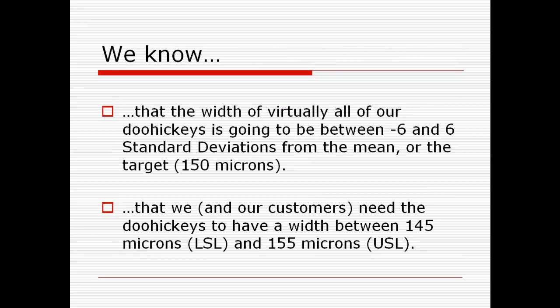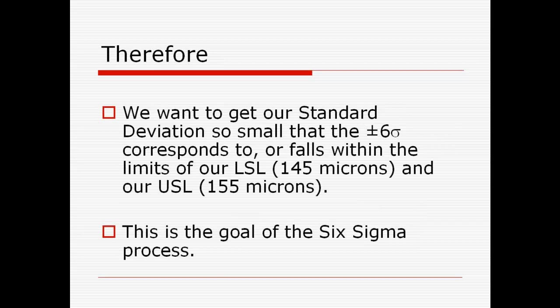So we know that the width of virtually all of our doohickeys is going to be between -6 and +6 standard deviations from the mean, or the target, which is 150 microns in this case. And we know that we and our customers need the doohickeys to have a width somewhere between 145 microns, the LSL, and 155 microns, the USL.